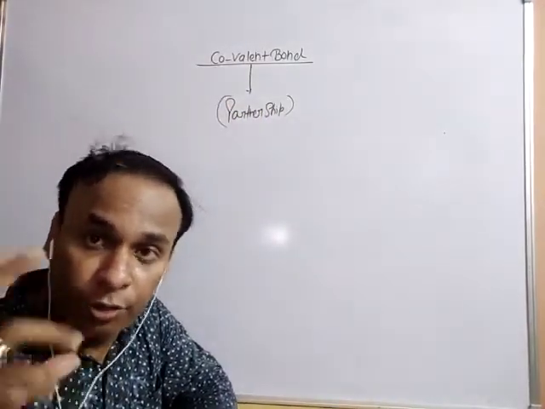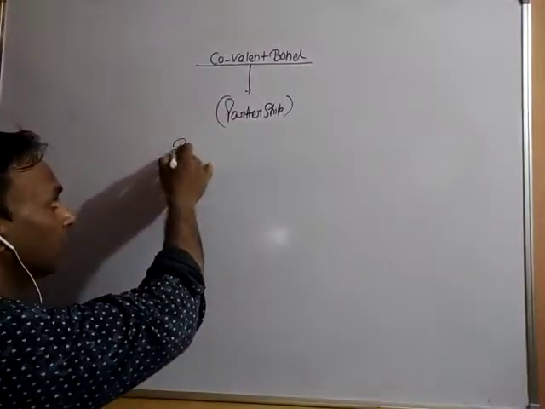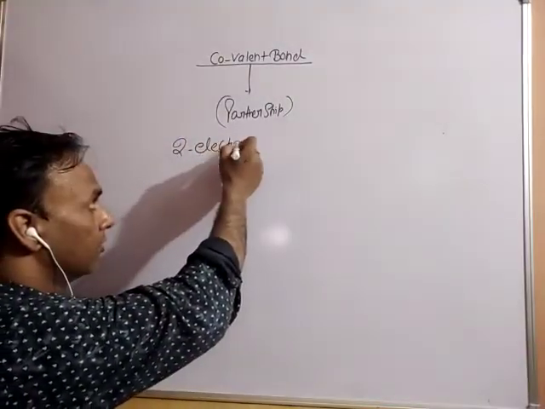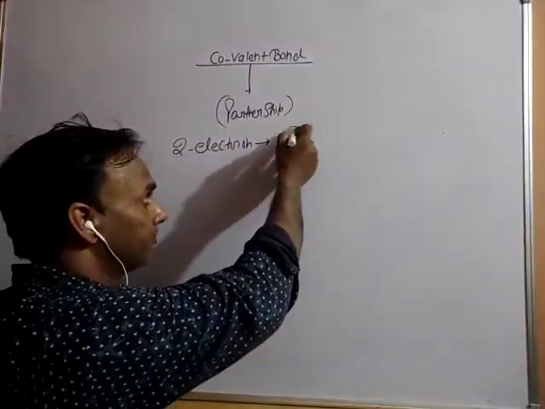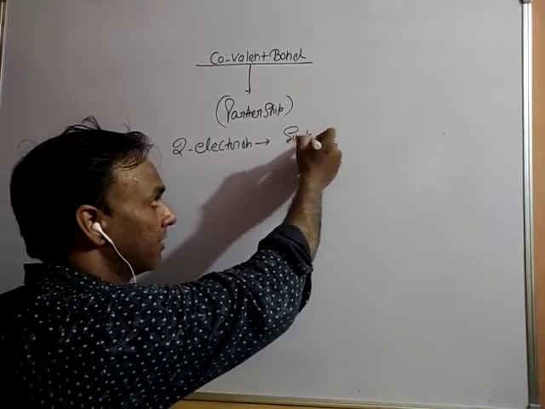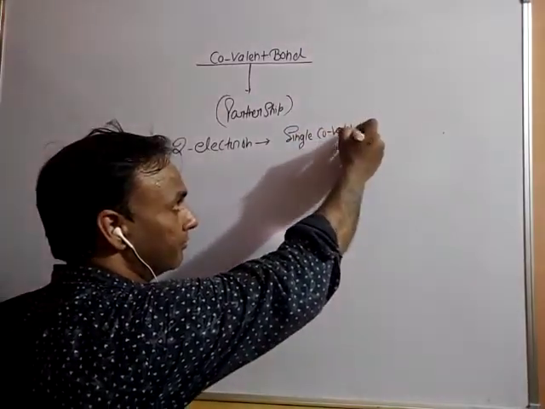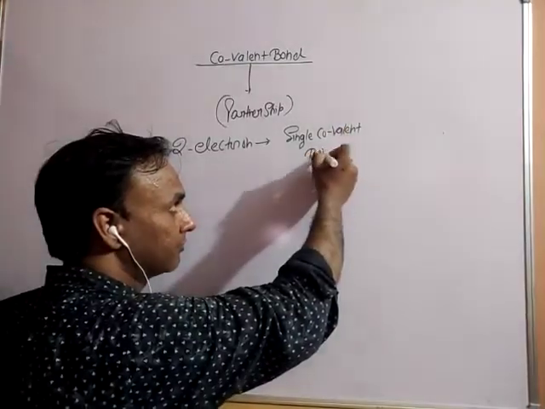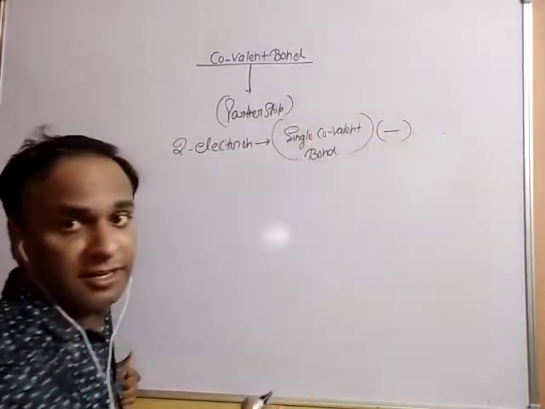When 2 electrons are shared between the atoms, it forms a single covalent bond, represented by a single line.